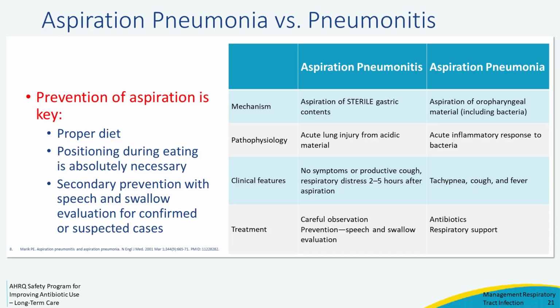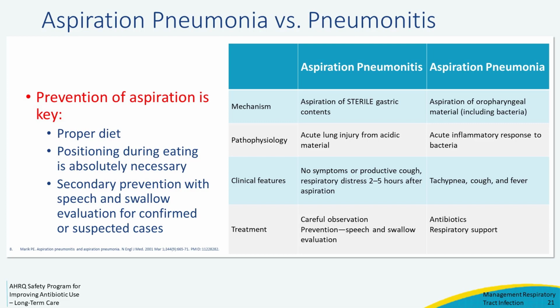Let's take a minute to try and distinguish between aspiration pneumonitis and aspiration pneumonia. Aspiration pneumonitis occurs due to inhaling sterile gastric contents into the lungs, which in turn causes inflammation. The inflammation caused by aspiration can lead to changes on chest films, as well as fever and increased white blood cell counts.